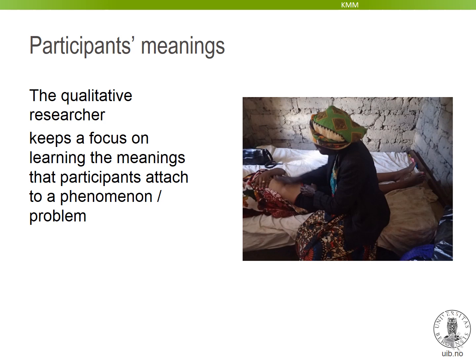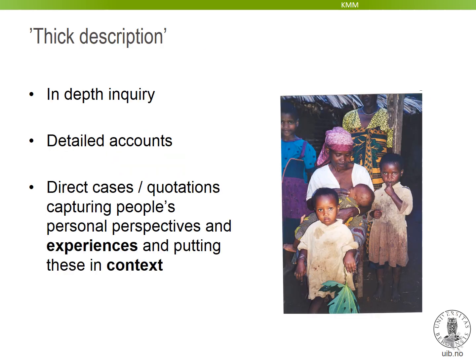Closely related to the inductive approach, the qualitative researcher aims to learn from the study participants, to understand their perspectives and experiences, and the meanings that they attach to particular phenomena, like, for instance, birth care and the preference for giving birth at home. Thick description is a concept from Clifford Geertz, an anthropologist, which emphasizes the importance of an in-depth inquiry.